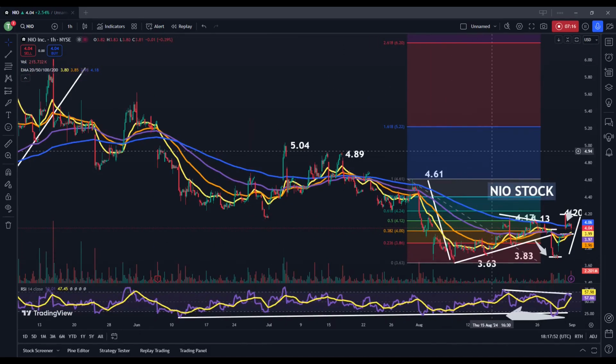And if we do see a convincing break above that $5 mark, I think it then becomes much easier to suggest that there is a long-term bottom in place and that this $3.63 support zone will continue to remain valid and viable going forward. So here's the current market analysis for NIO Incorporated, stock ticker NIO.